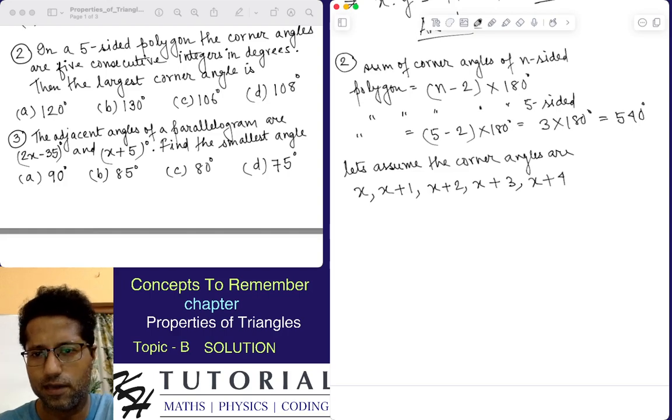Now I think a better way of assuming the angles is that since there are 5 angles, there will be a middle angle.